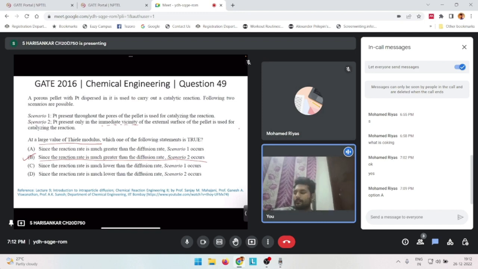I hope this explanation was understandable: because whatever is getting adsorbed inside the pore reacts immediately, from an observer's outside point of view, there will be only platinum present in the immediate vicinity or the external surface of the pellet. So that is why option A is not the right answer. Instead, option B is the right answer.